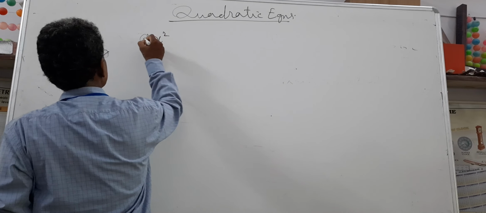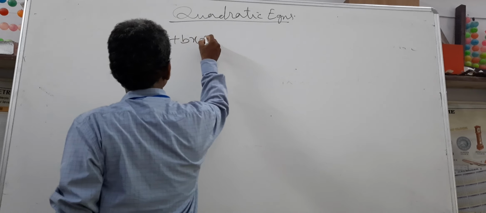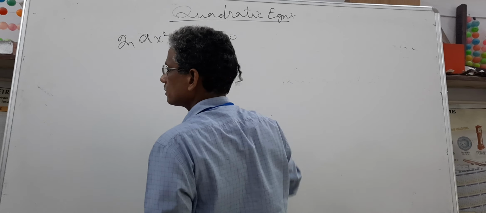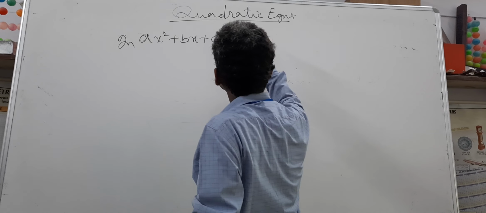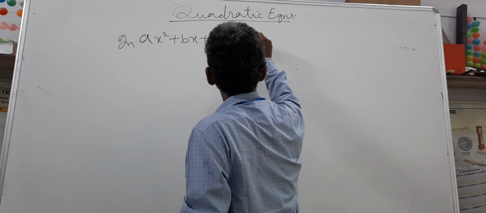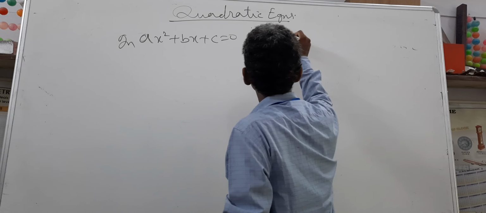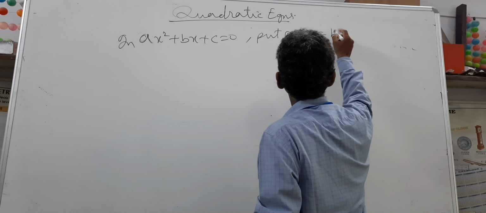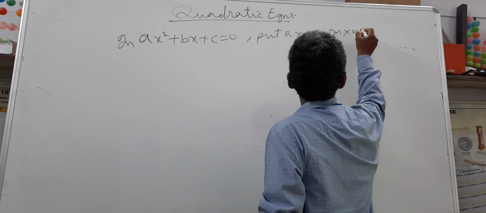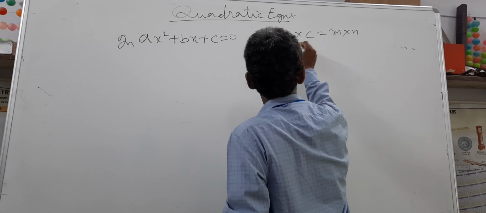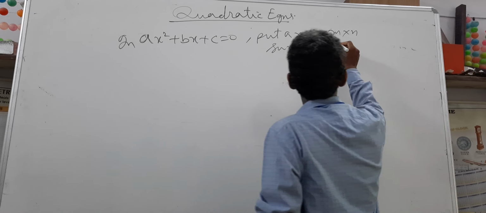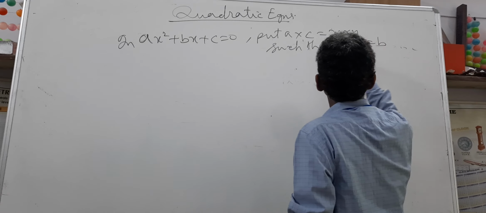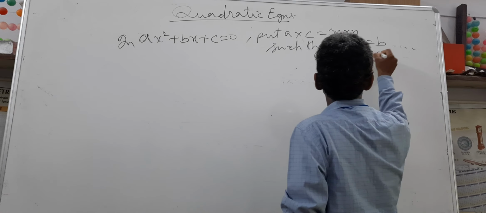In ax square plus bx plus c equal to 0, put a into c equal to m into n such that m plus n is equal to b or m minus n is equal to b.